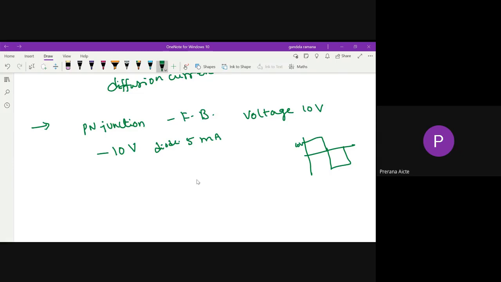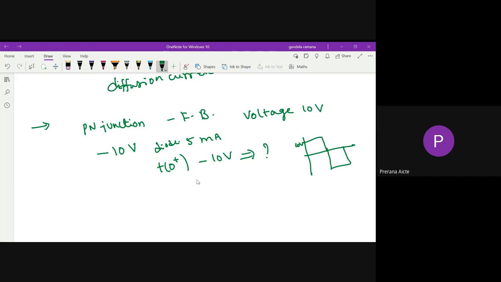What they are asking is, at t equal to 0 plus, with 10 volts, what is the diode current. How can you say it is 5 milliamperes? The current will not change suddenly.